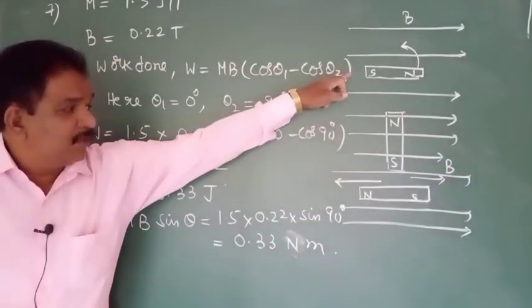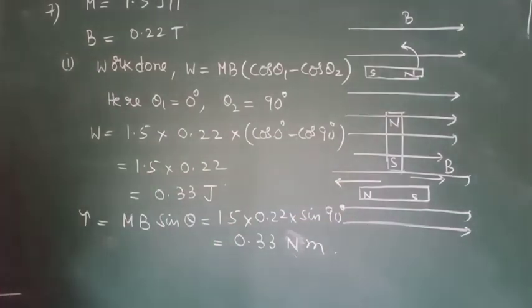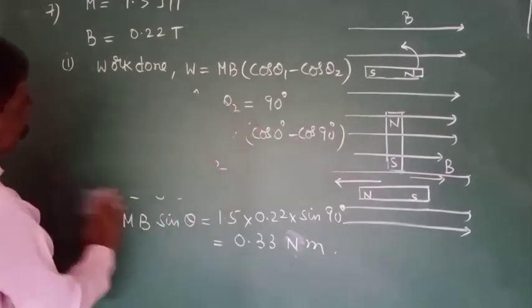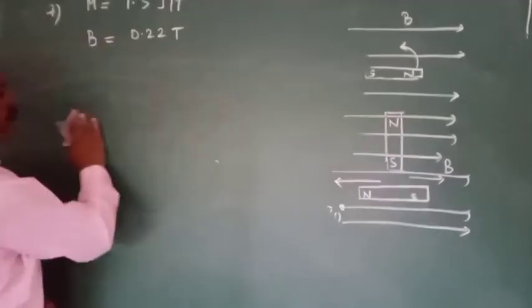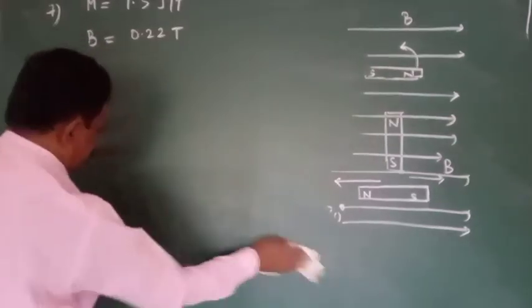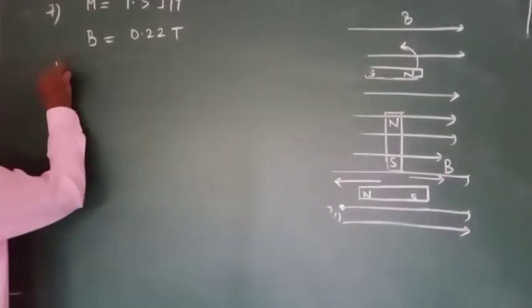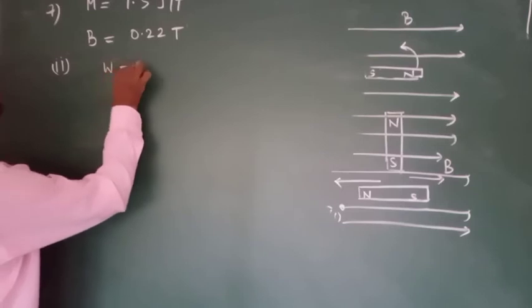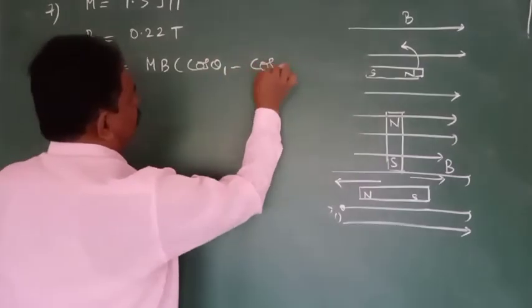Later it is rotated from this position to this position. What is the work done? Same style only. So second one, W is equal to MB into cos theta 1 minus cos theta 2.